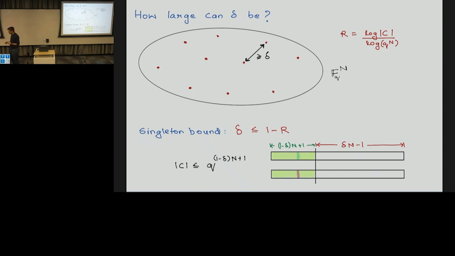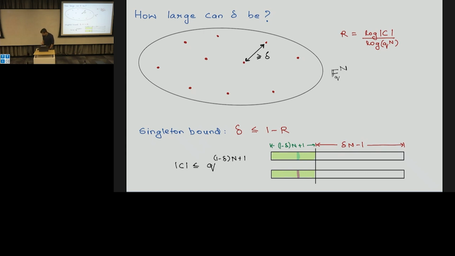If I wanted to communicate to you an arbitrary point in this whole space, I would need log of q to the n bits to tell you the name of that point. And if I wanted to communicate one of the codewords, without any redundancy, it would take me log of |C| bits. So roughly, this is the fraction by which I'm overpaying, a measure of the redundancy in the code.